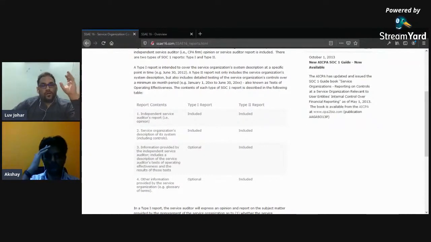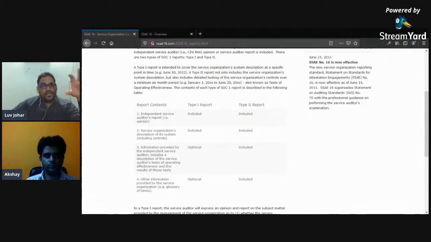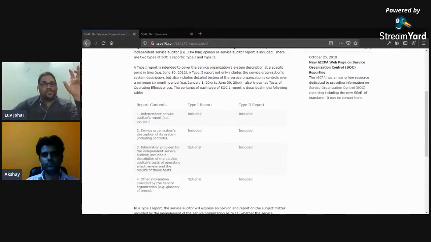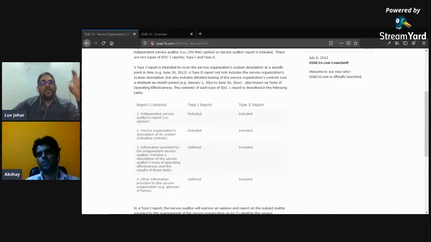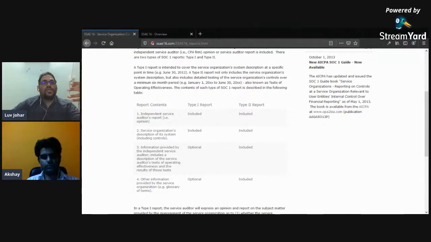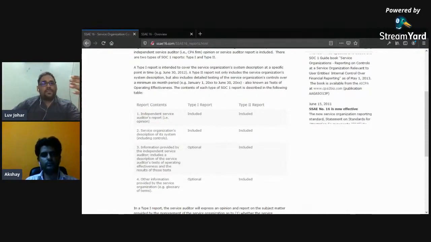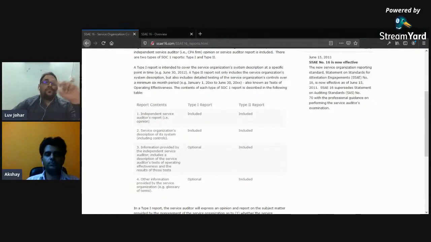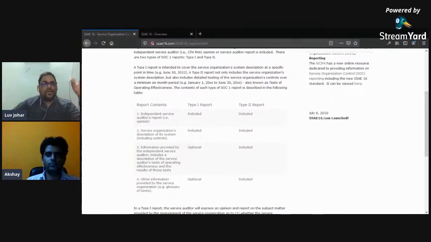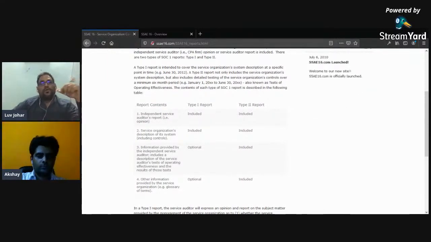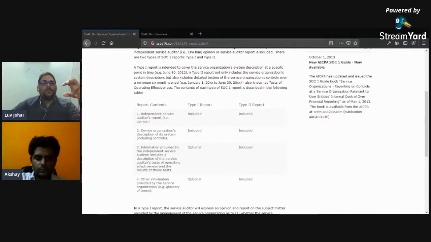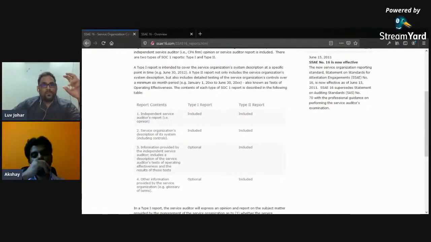So SOX came into play to ensure the integrity of the financial data processed by all companies. Its focus lies on internal controls reporting, ensuring that the internal controls an organization has implemented are working fine, and that a third-party auditor can verify that. A lot of compliance restrictions are there. We'll probably have another video on SOX separately, but its main focus is to ensure that there is no financial fraud, just for your understanding.